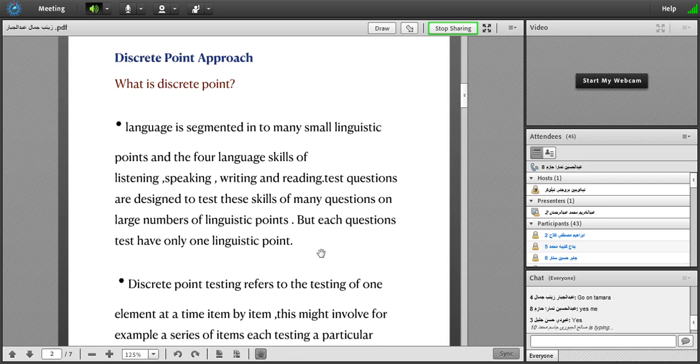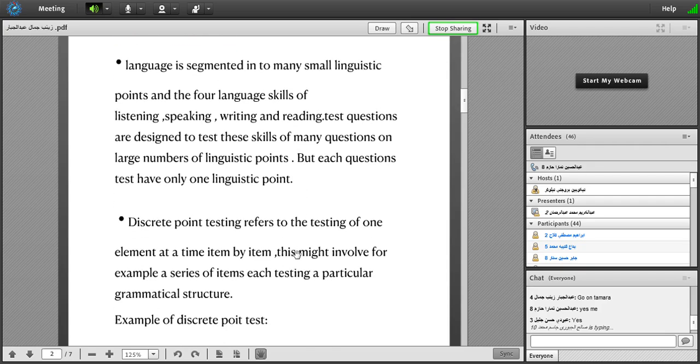Discrete point approach. What is discrete point? Language is segmented into many small linguistic points, and the four language skills of listening, speaking, writing, and reading. Test questions are designed to test these skills with many questions on large numbers of linguistic points, but each question tests only one linguistic point.